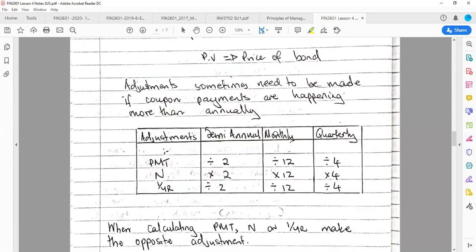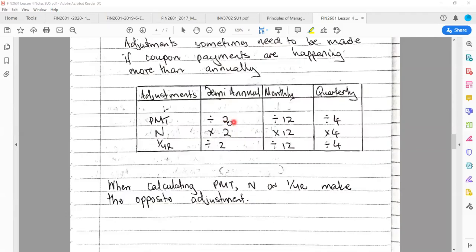Okay, so let's say interest payments are happening semi-annually. If interest payments are happening semi-annually, we need to divide PMT by 2. We need to multiply our N by 2, and we need to divide our yield to maturity, our I over YR, by 2.